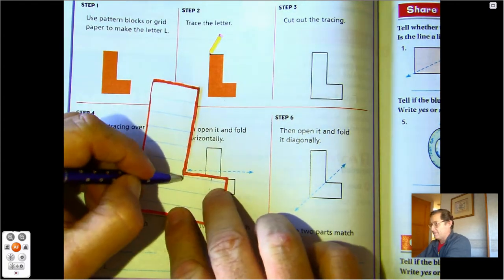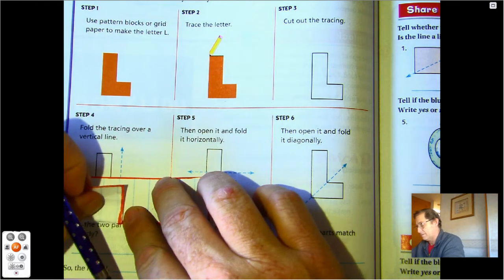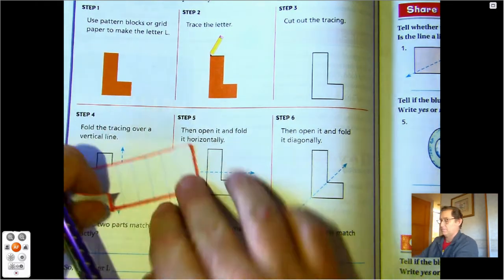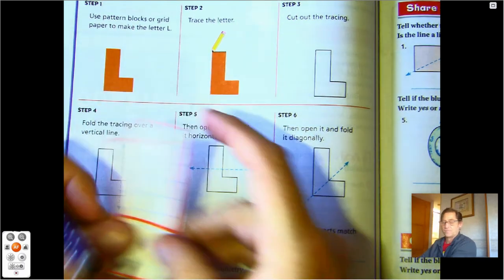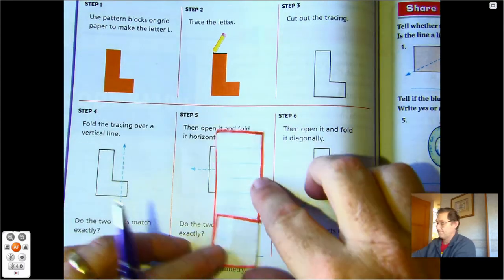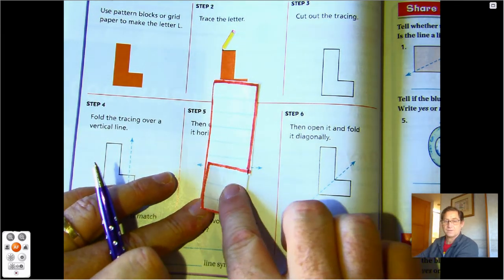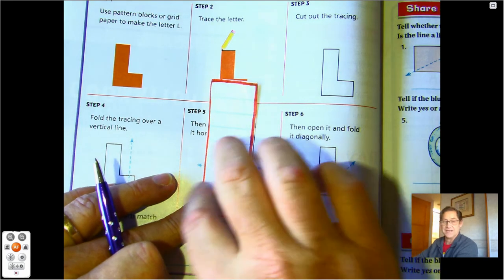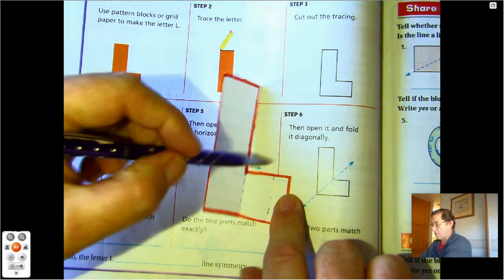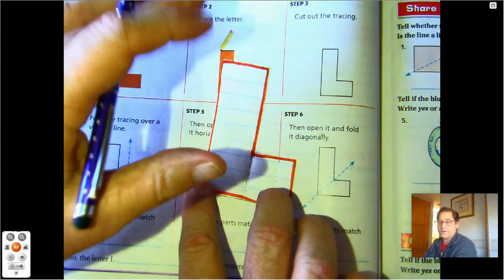But what if I did it in the middle here? Would that be any different? No, it wouldn't be different, because nothing up here matches, right? So when I fold it, it's not exactly the same on both sides. The bottom part is, but what about the top? The whole thing has to match.